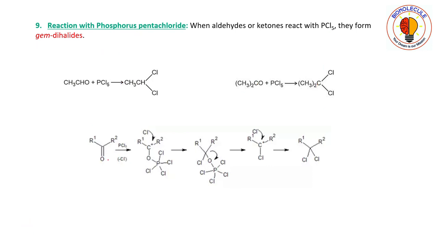See here, as usual, oxygen is delta minus and this carbon is delta plus. Now, PCl5.